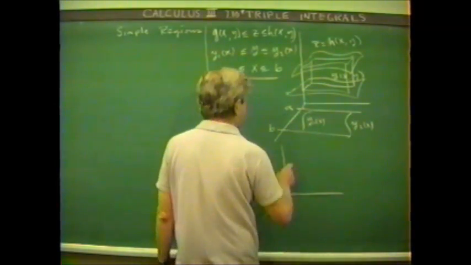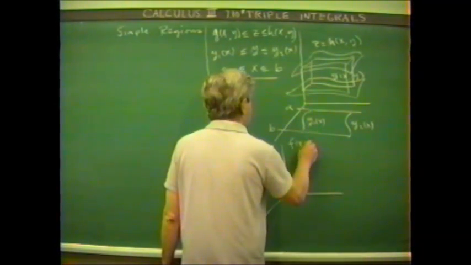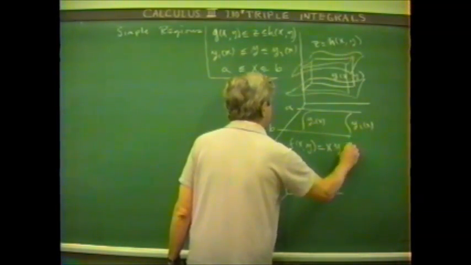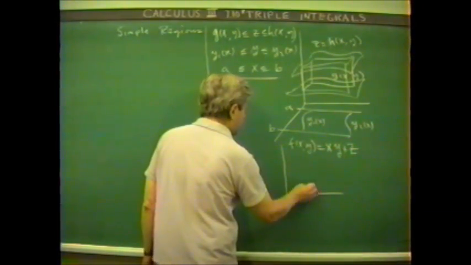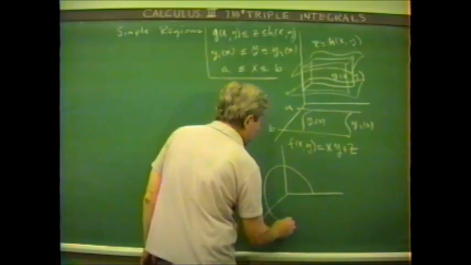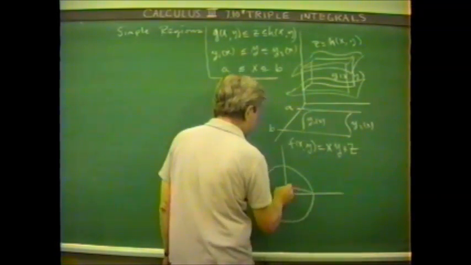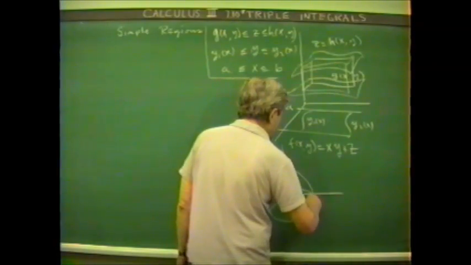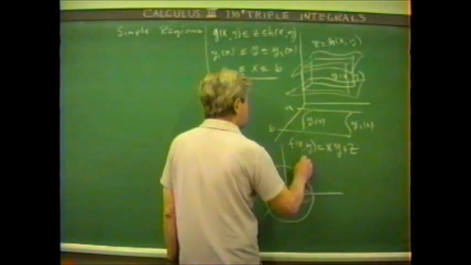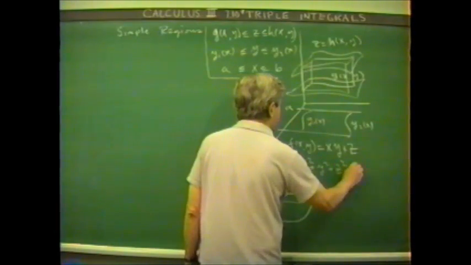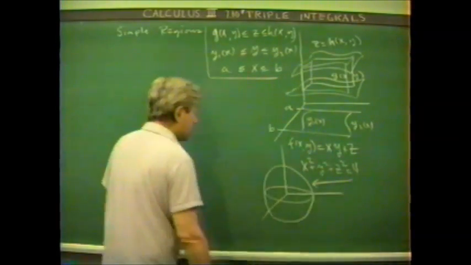Let's suppose that we've got f of x, y, and z equals xy plus z. We wish to integrate it over the sphere of radius 2. This is supposed to represent the sphere of radius 2. That's to say x squared plus y squared plus z squared equals 4 is the equation of the sphere.